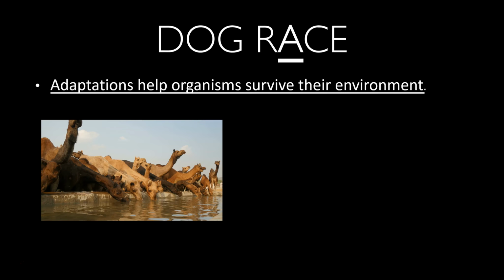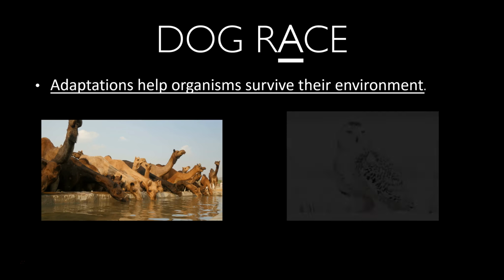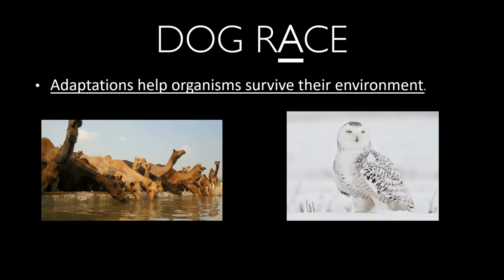And an obvious adaptation for the snowy owl is its color. Its color allows it to blend in so it won't be seen by predators, or the prey won't see it coming, okay? But the big idea is adaptations help the organism survive, okay?